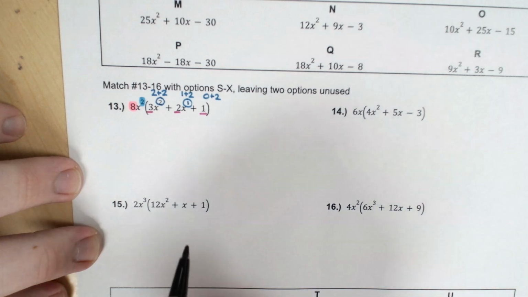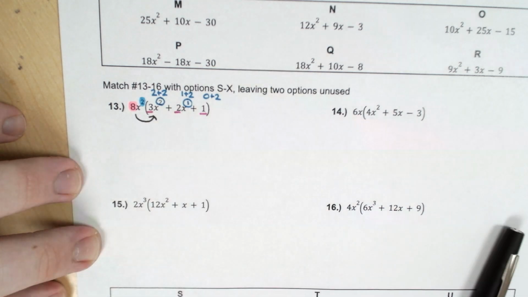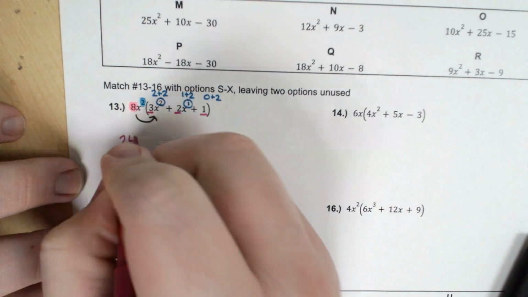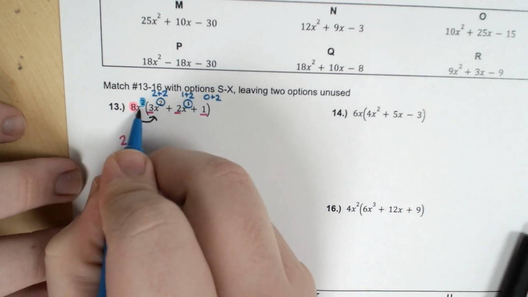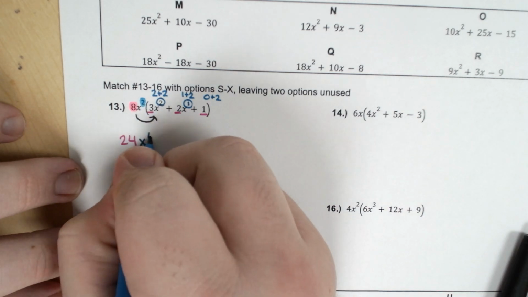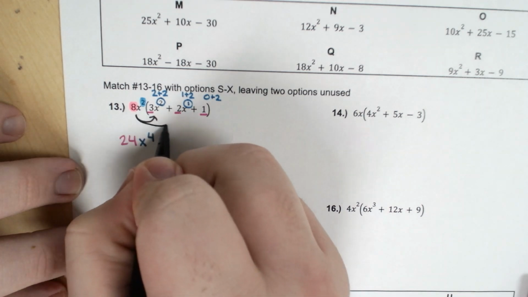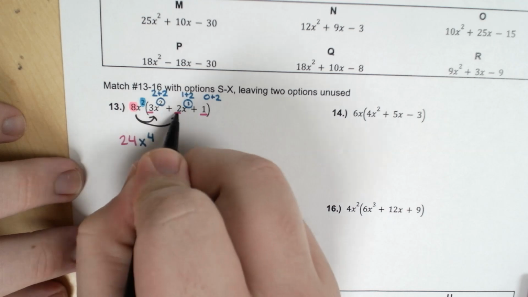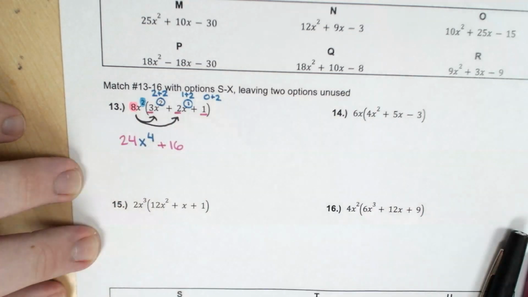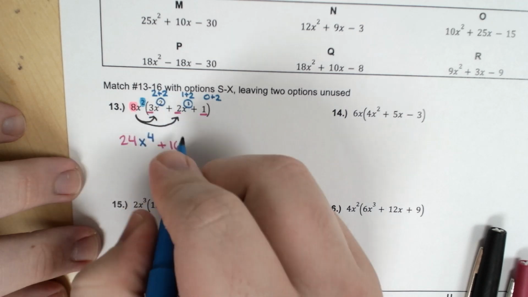So taking this piece by piece, 8x squared times 3x squared. 8 times 3 is 24. X squared times x squared, you add those exponents to get x to the 4th. Start over. 8 times 2 is 16. X squared times x to the first, add 2 plus 1 to get 3.